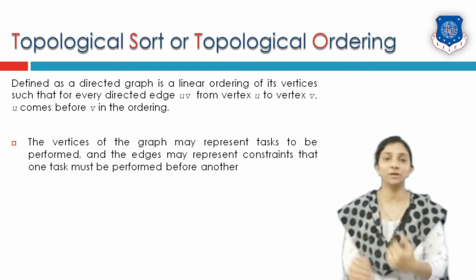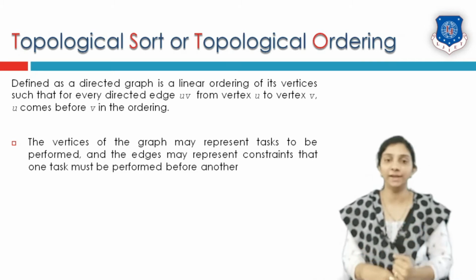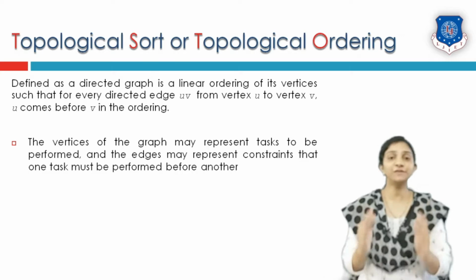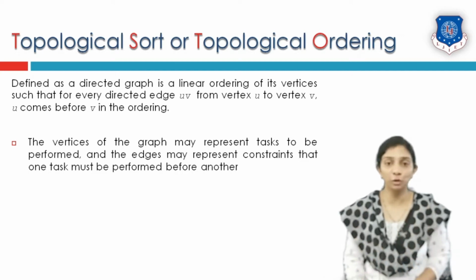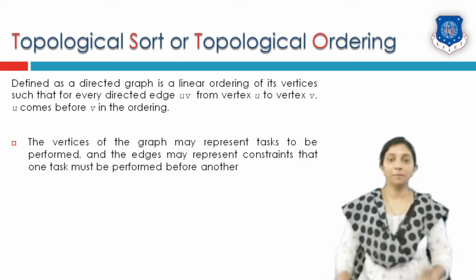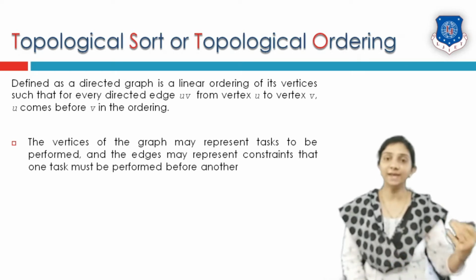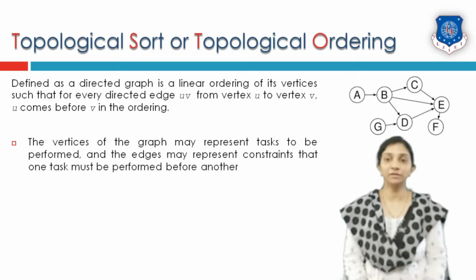Then we can start our task of documenting or presentation or any other task. So this is an example of topological sorting. But there are many more applications that we will see at the end of topological sort.